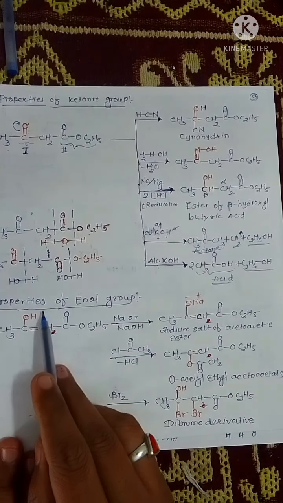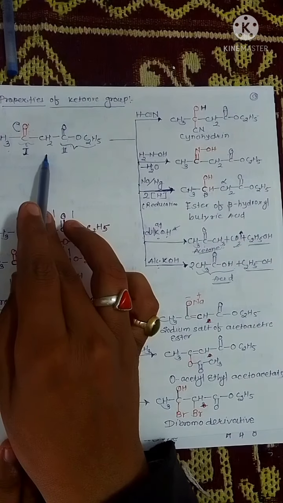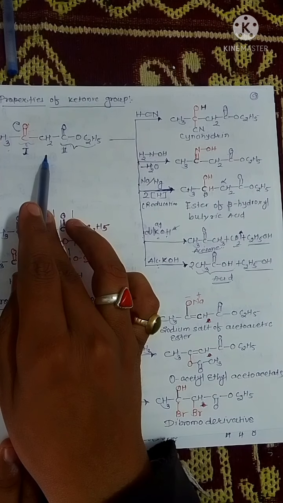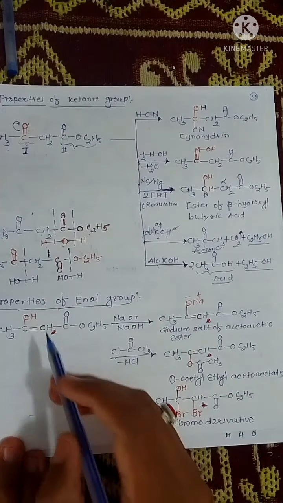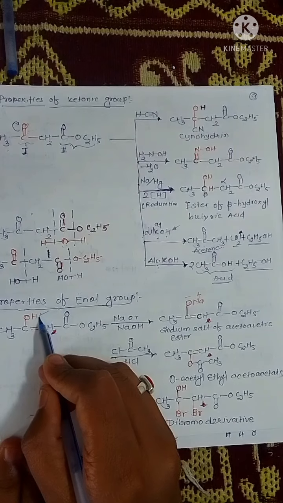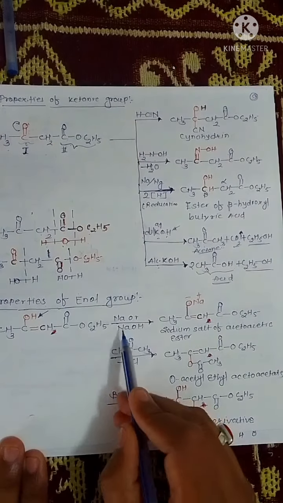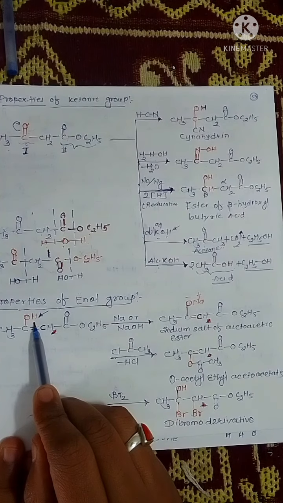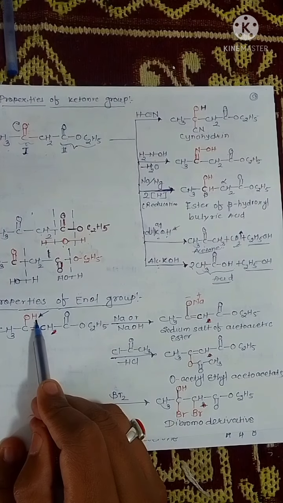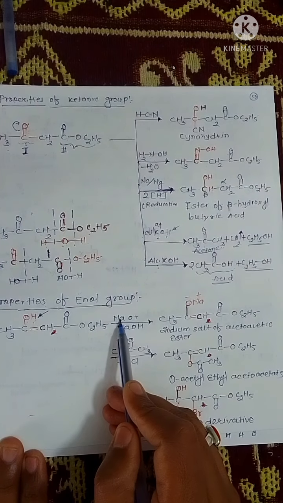So now we are going to see properties of the enol group. Since we know that this compound undergoes keto-enol tautomerism, this compound is also going to give some chemical reactions of alcoholic OH. If we add sodium or sodium hydroxide to this molecule, this hydrogen, which is part of the hydroxyl group, is replaced by Na.